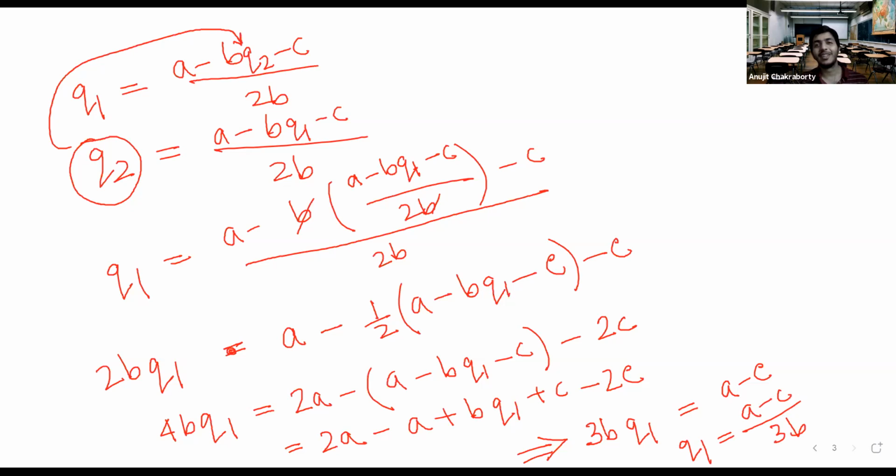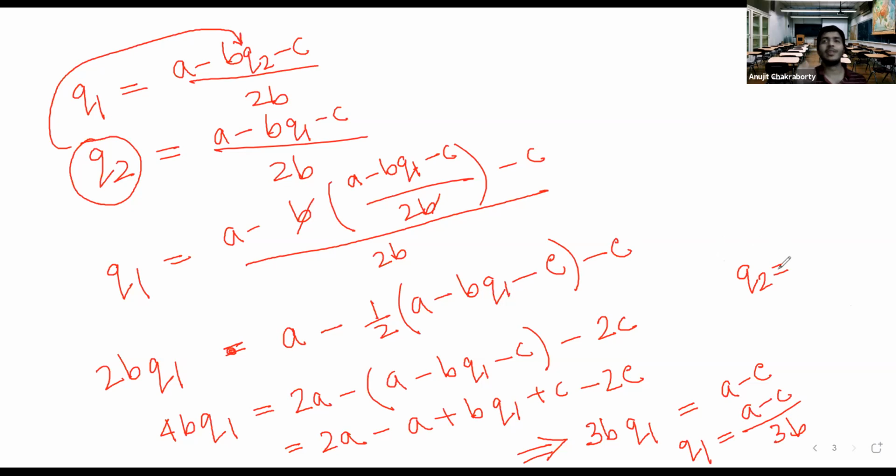Now, once you're there, you basically have everything. You found Q1 is equal to (A minus C) over thrice B. The only thing remaining is to find Q2. Think about how we should find Q2. Pause the video, think about it.